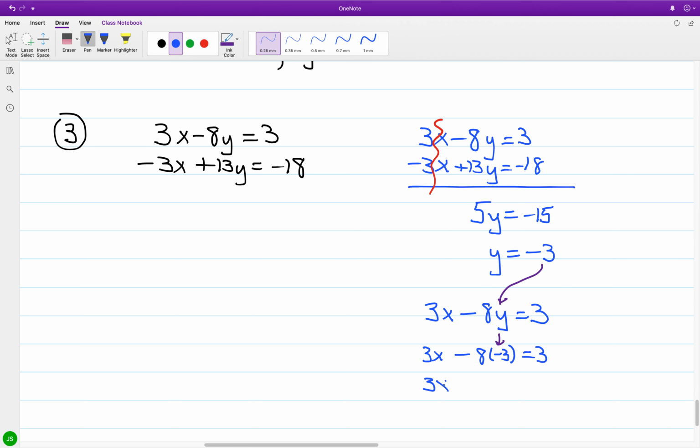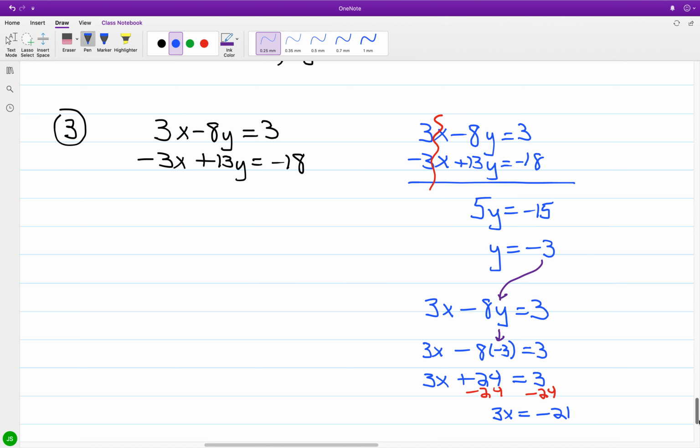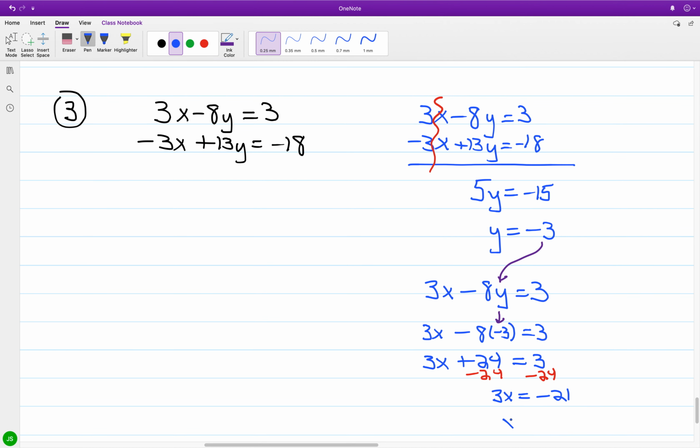Here we're going to have 3x plus 24 is equal to 3. Taking away 24 from both sides, we're going to have 3x equal to negative 21, and with division by 3, we have x is equal to negative 7.